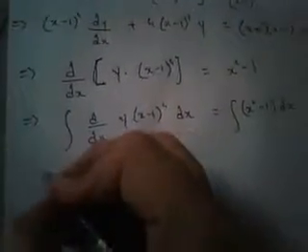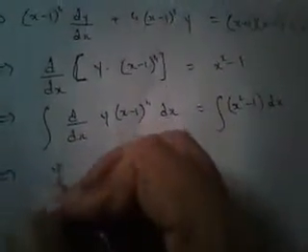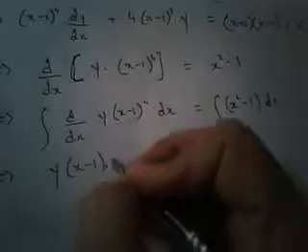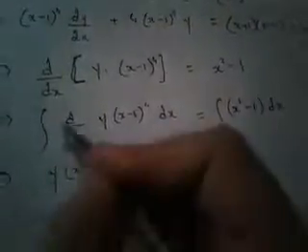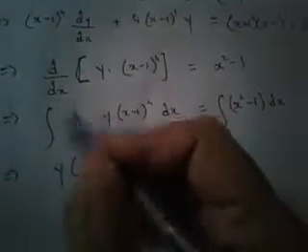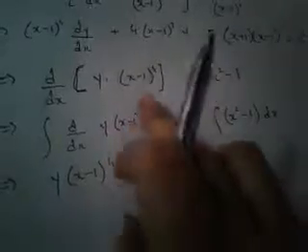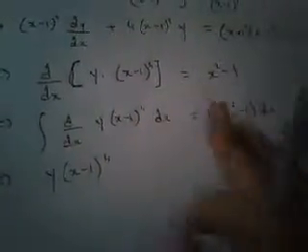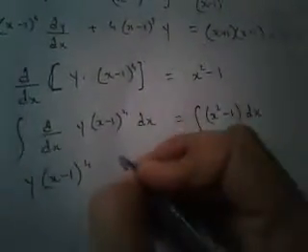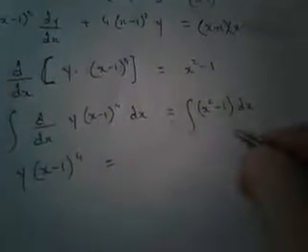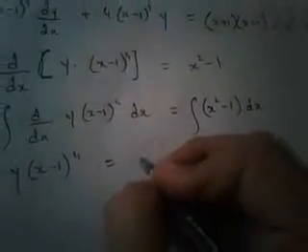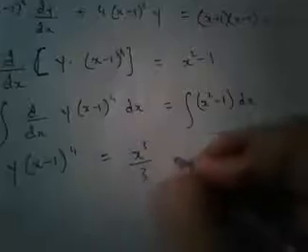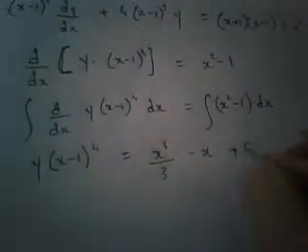okay, so I'm having y times (x minus 1) power 4 left here, because this derivative is going to cancel out the integrating effect, and just the integrand, or just this function, is going to be left. And over here we apply regular integration. It is going to be x cubed upon 3 minus x plus some constant.